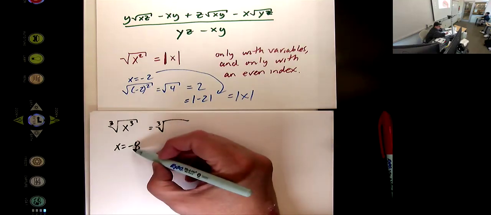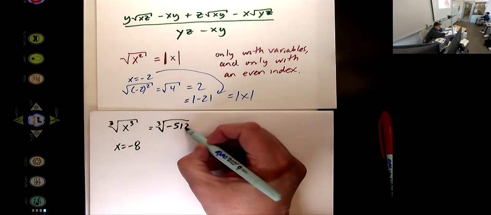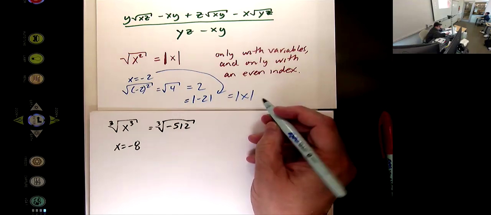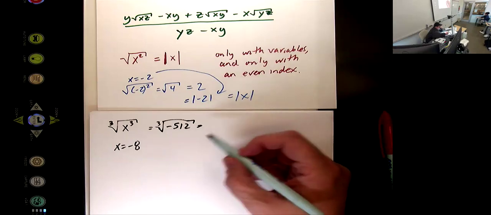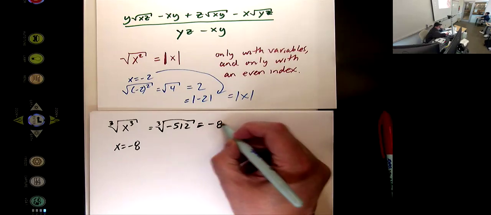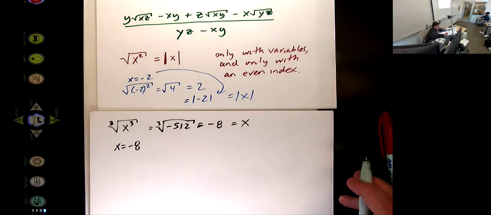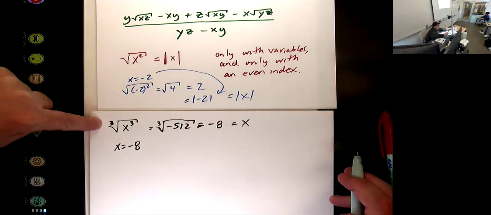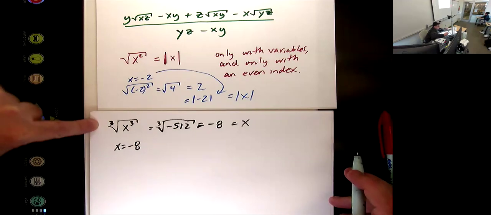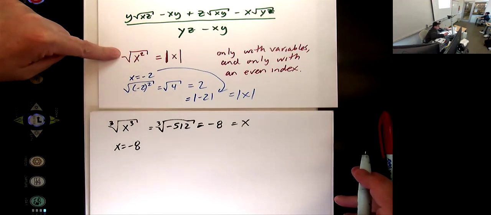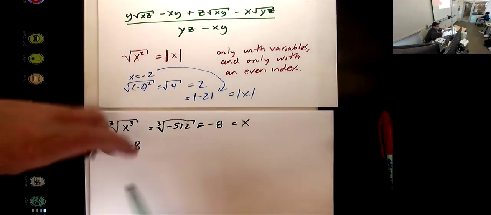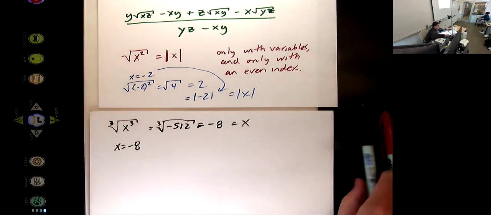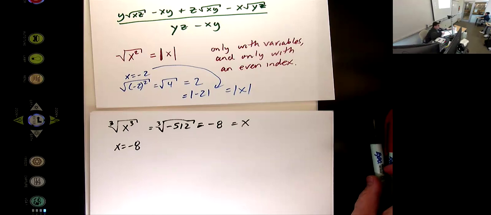But we got 3 negatives, which makes it negative, and the negative doesn't go away. So this ends up being -8, which was the original x. So when the index is odd, that problem doesn't happen. But when the index is even, like the invisible 2, or 4 or 6, and we have the same exponent on the inside, we gotta do absolute value. It's gonna seem unimportant here. It actually matters when you get to calculus.